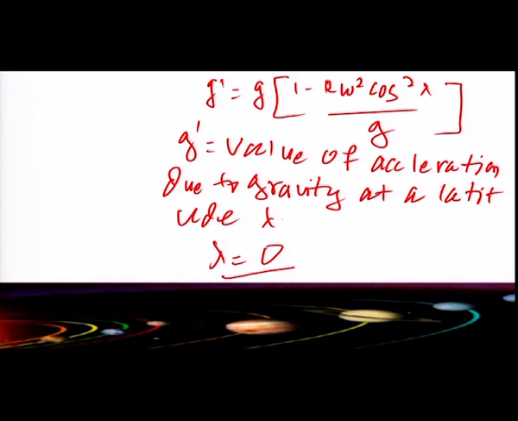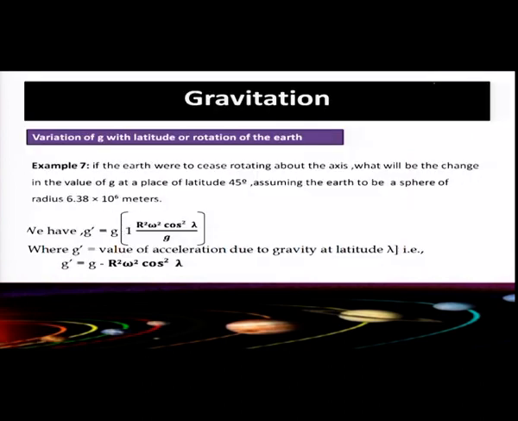At the equator we have the condition lambda is equal to 0, and therefore, what will happen to cos squared lambda? Cos squared lambda is equal to 1, and therefore, you substitute the value of cos squared lambda equal to 1 in this expression, that is g dash is equal to g into 1 minus r omega squared by g.